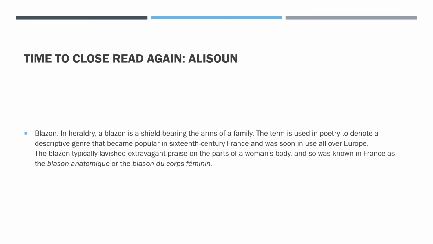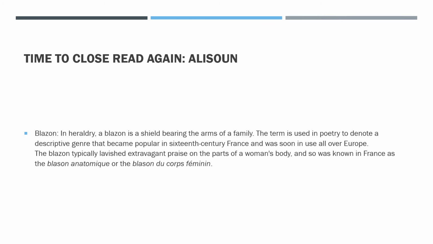So in stark contrast to this description of the Miller, we have Chaucer's description of Alyson in the Miller's Tale. And Chaucer describes her through the usage of a time-honored poetic tradition called the blazon. Now, a blazon is a term which comes from heraldry.